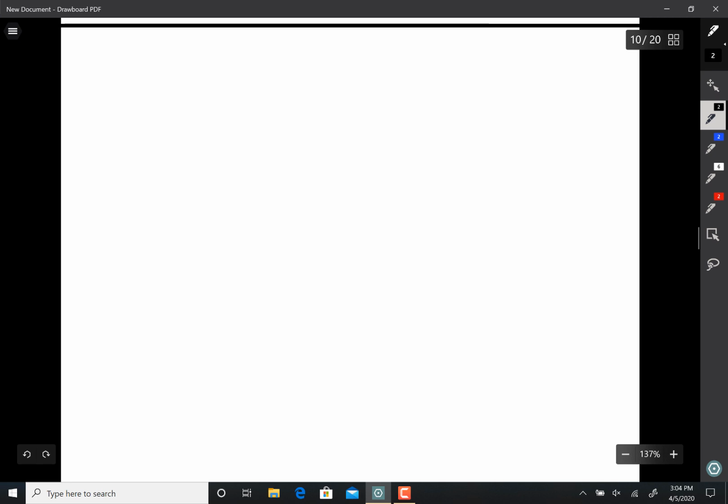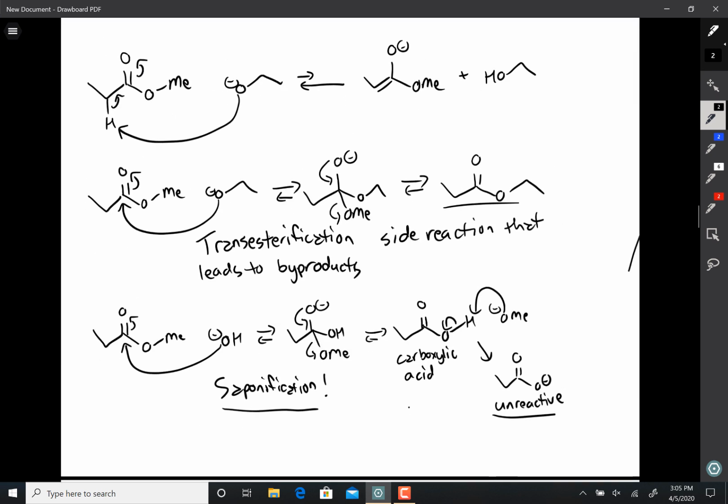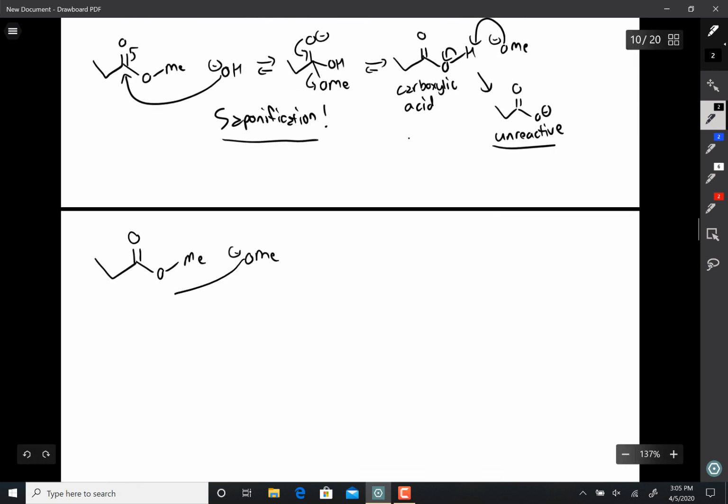Now, having your alkoxide match does not shut down the transesterification at all. This reaction still proceeds. But the difference is you're swapping out an OMe with an OMe.